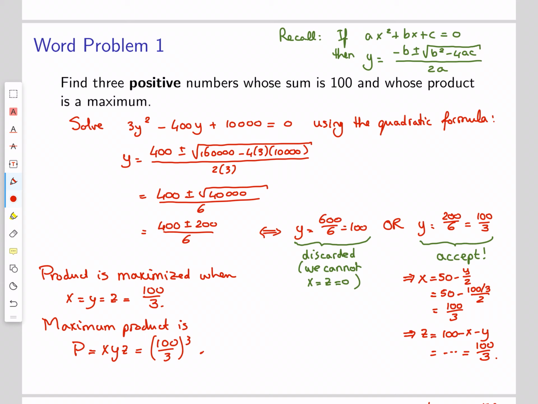And if you put that into the calculator, you basically end up with 37,037 with a few decimal digits, but those are not really all that important. Okay, I don't need the second derivative test, because it's the only critical point there. We know that the maximum is not going to occur on the boundary; it has to occur on the interior.